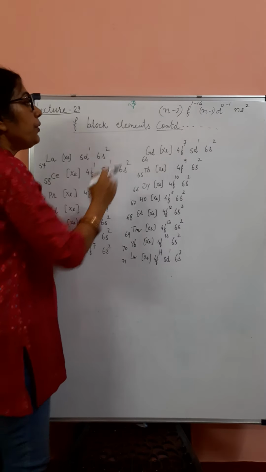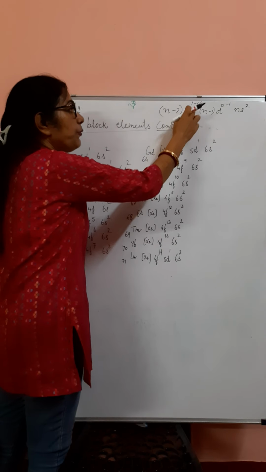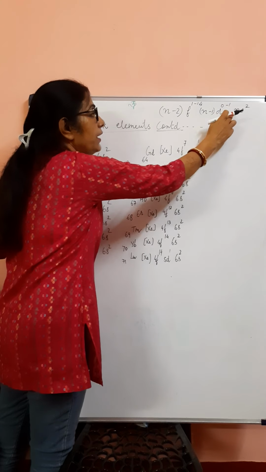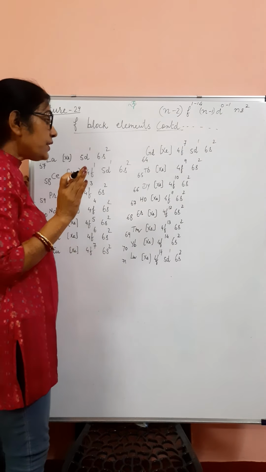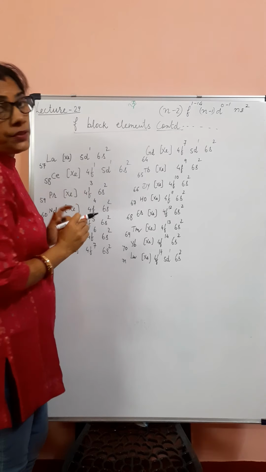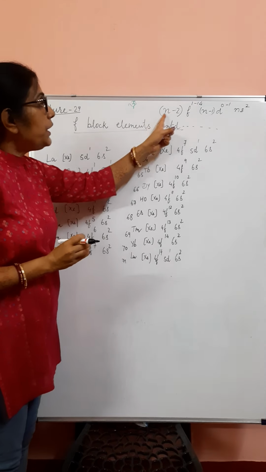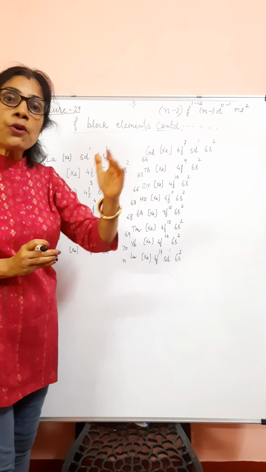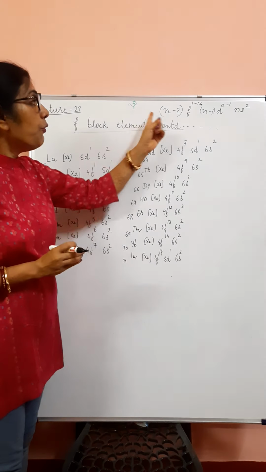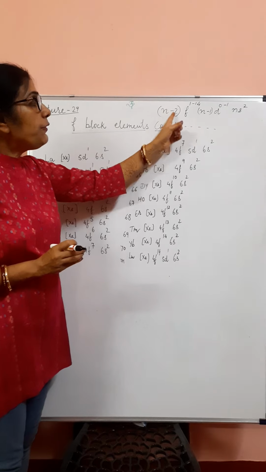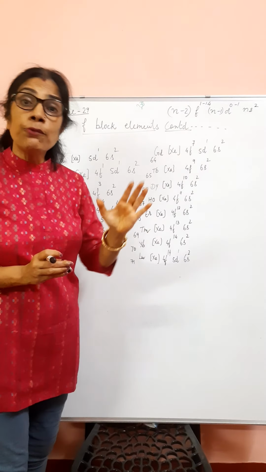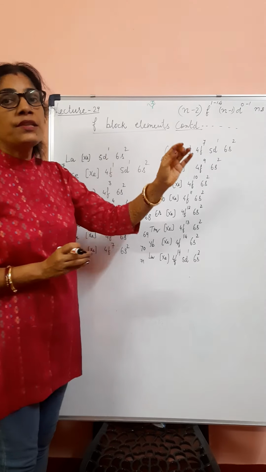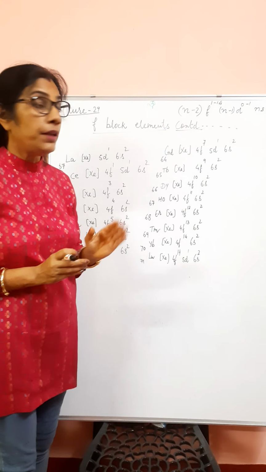What is n here? n is 6. So 6 minus 2, that means 4f. So successively which orbital is filled up? 4f orbitals. And 4f can accommodate a maximum of 14 electrons, and therefore F block elements are 14 in number.